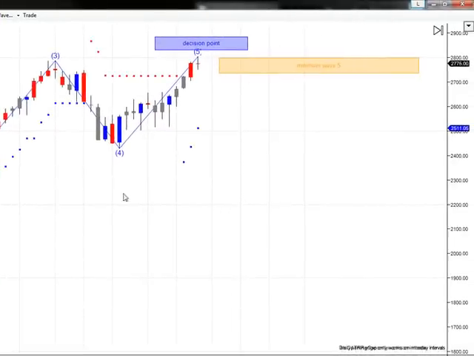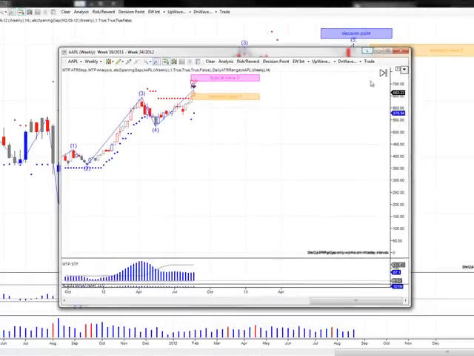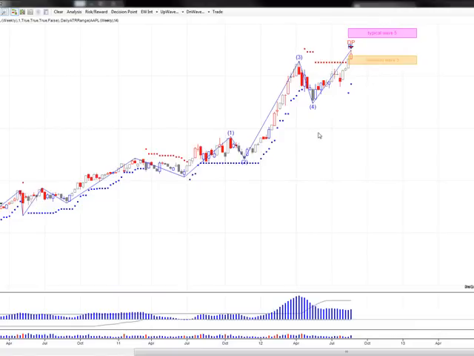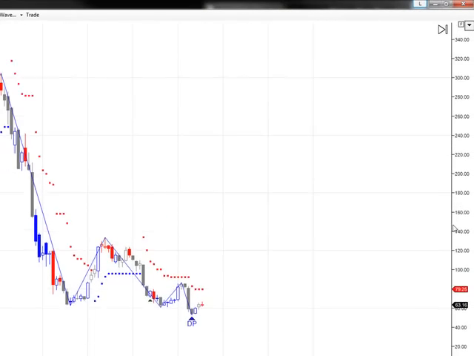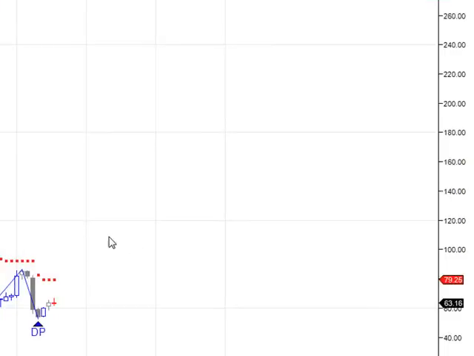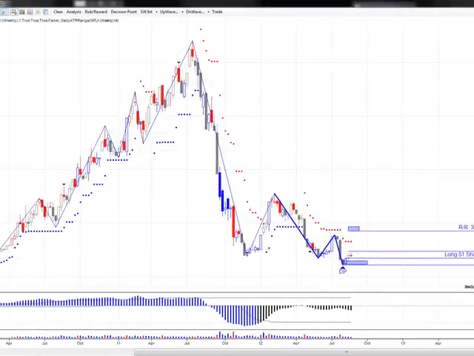All right, so we took a look at those. I showed you Apple. Somebody was asking me about Netflix, so I'm just going to take a look at that quick. Netflix on the weekly chart here, a little decision point buy signal. There's a target there at 90.88. Obviously a nice sell off there.